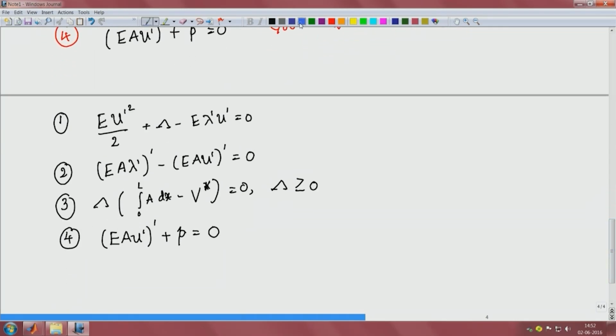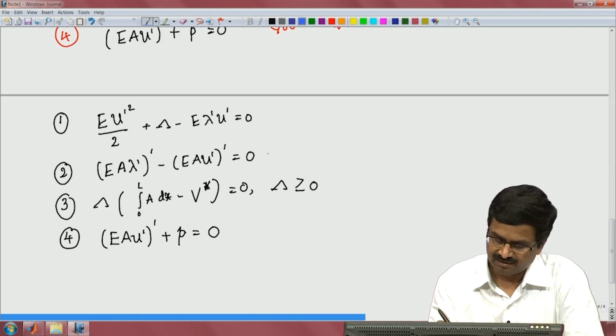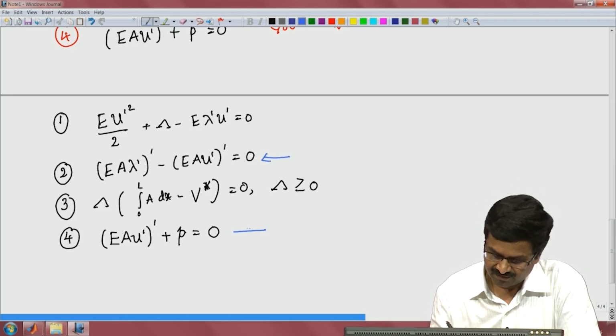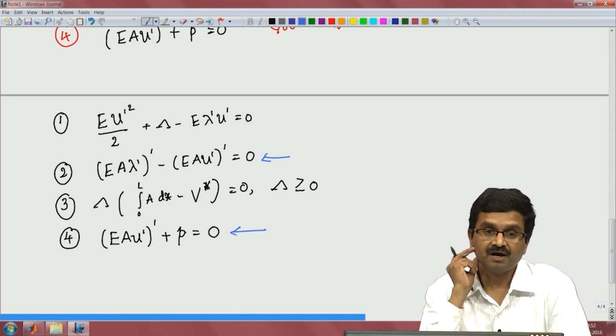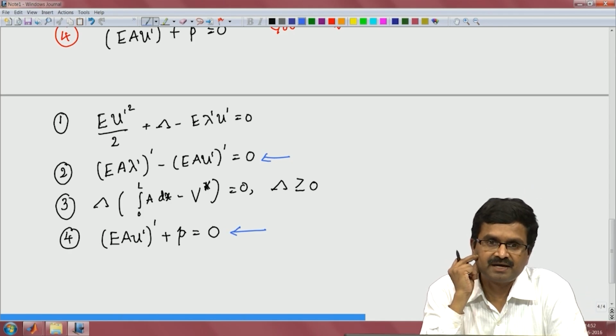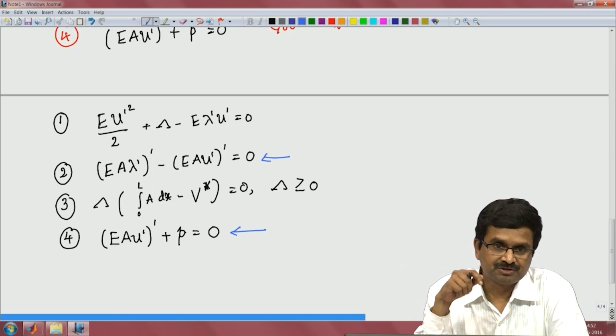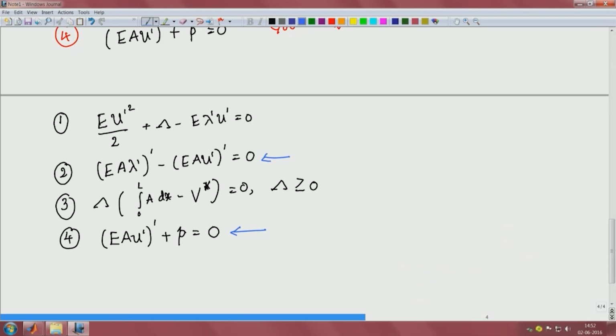Now, one thing we notice over here, which is our adjoint equation: if you compare that with our governing differential equation, you see that they are of the same form. Equation 4 is E a u prime prime plus p equal to 0, and equation 2 is E a lambda prime prime minus E a u prime prime equal to 0.